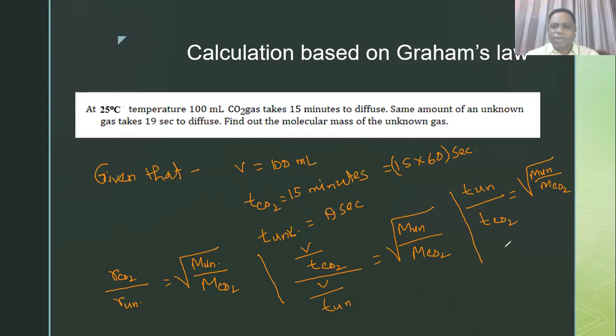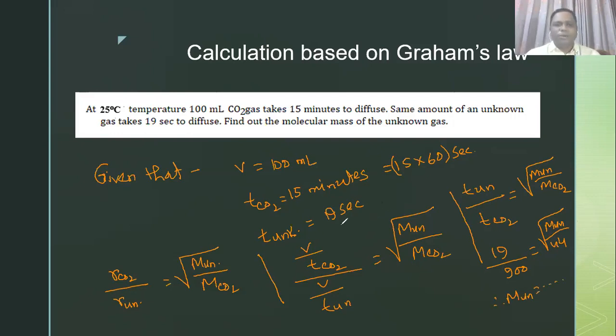So T unknown is 19 seconds and T carbon dioxide is 900, and root over M unknown divided by this is 44, and if we solve you will get the molecular mass of unknown.